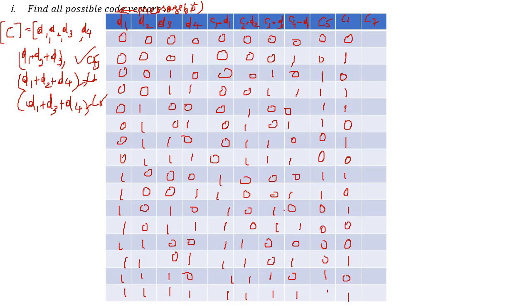First element, third element and fourth element, 3 bits you are going to add and you are going to get C7, which will be equal to 0 1 1 0 0 1 1 0 1 0 0 1 1 0 0 1. So these are all the possible combinations of the code vectors for a given parity matrix.